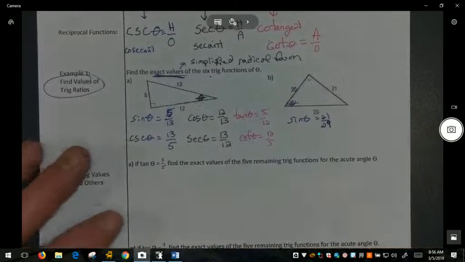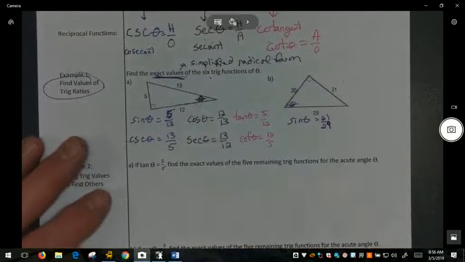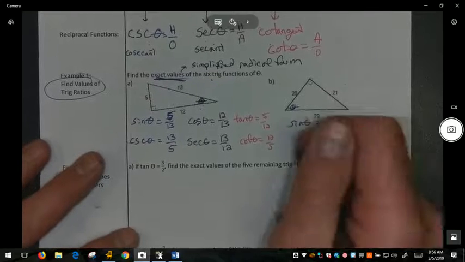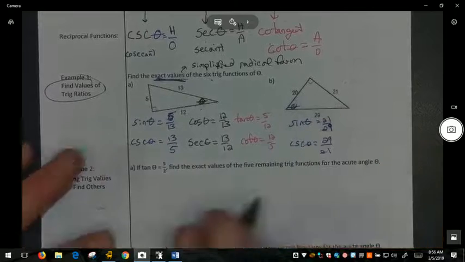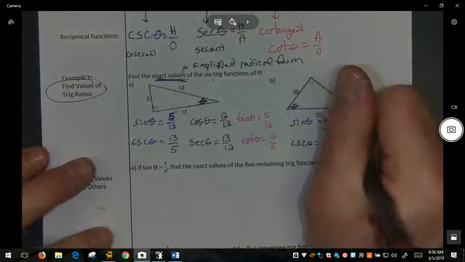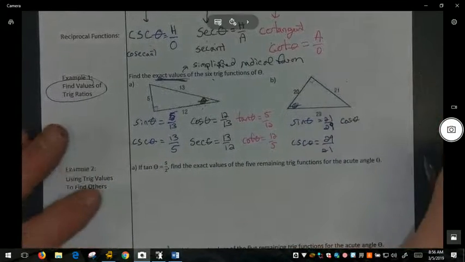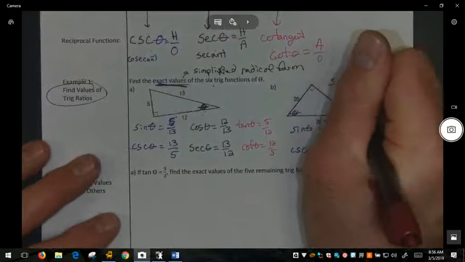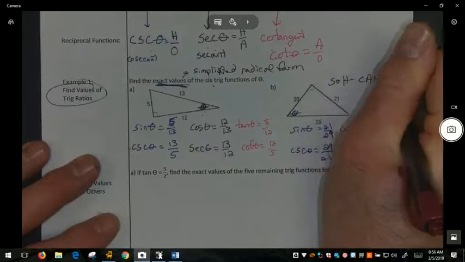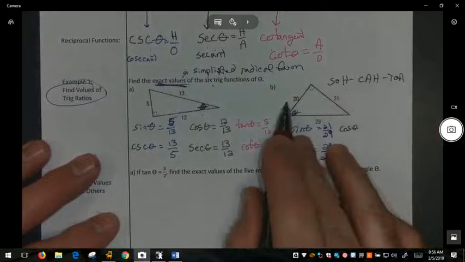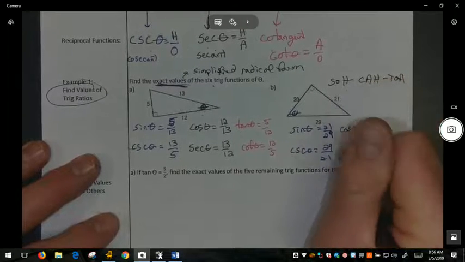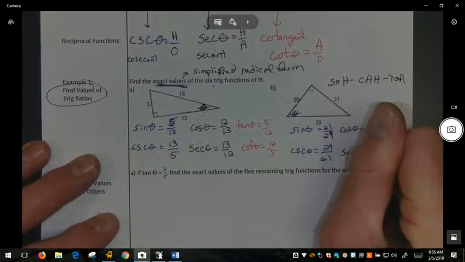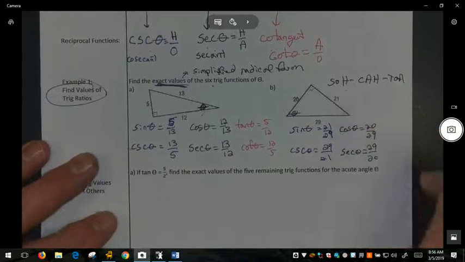If I could reduce this fraction, I would, but nothing will go into 21 and 29 except for 1. This means that the cosecant of theta is 29/21. The cosine, defined as adjacent over hypotenuse, remember Sohcahtoa, adjacent over hypotenuse, the adjacent is 20, the hypotenuse is 29, 20/29, which means that the secant of theta is the reciprocal value 29/20.